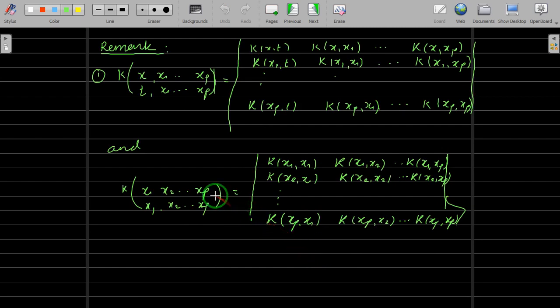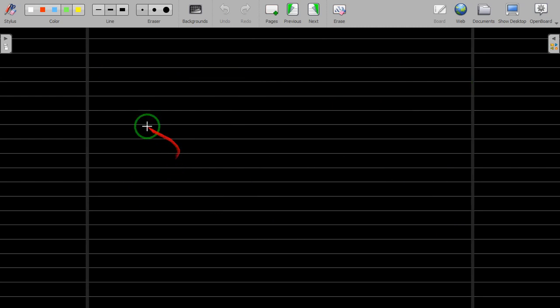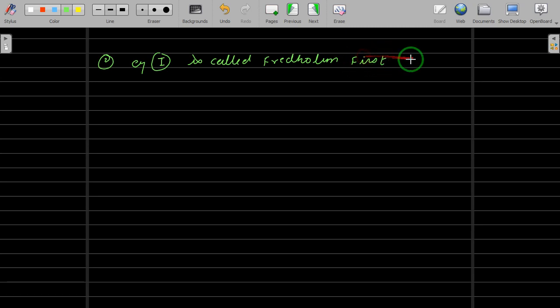Now equation 1, let me go on the next page. Equation 1 is called Fredholm first series and equation 2 is called Fredholm second series.